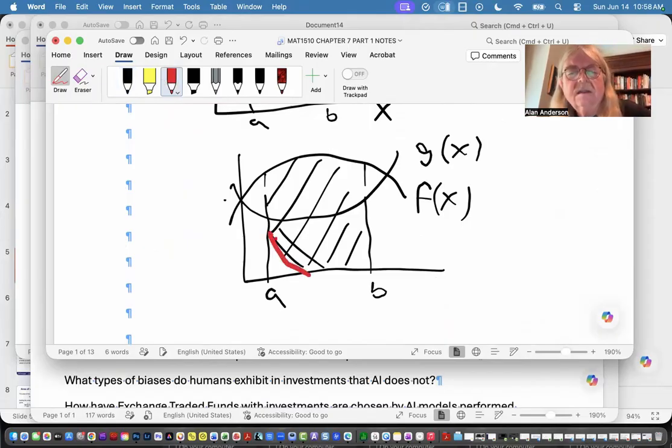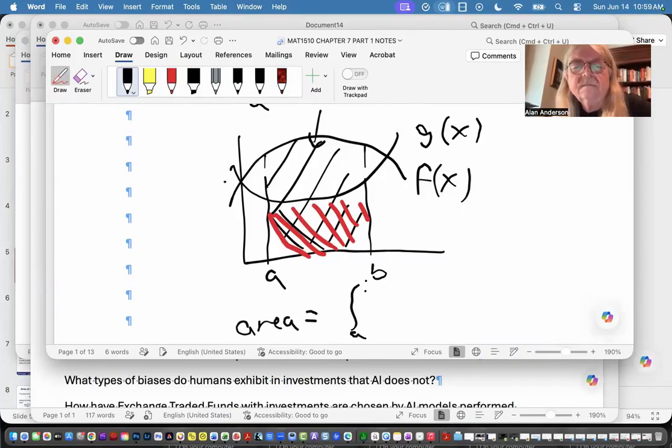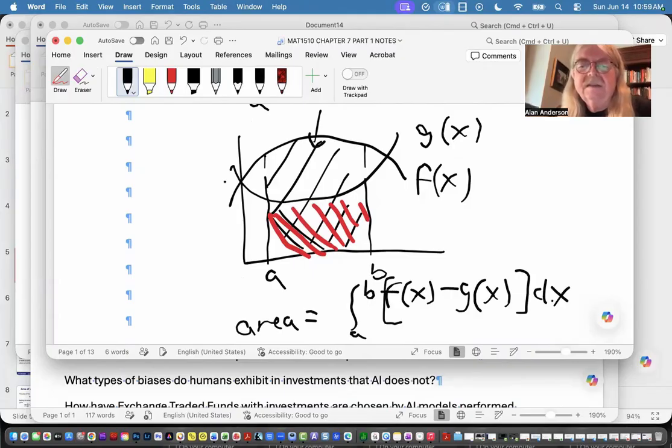Hold on a second. There we go. Anyway, the bottom line is whatever's left over is what we're after, and that would be this piece here. So what are we going to do? We're going to subtract one from the other. And that's all there is to it.